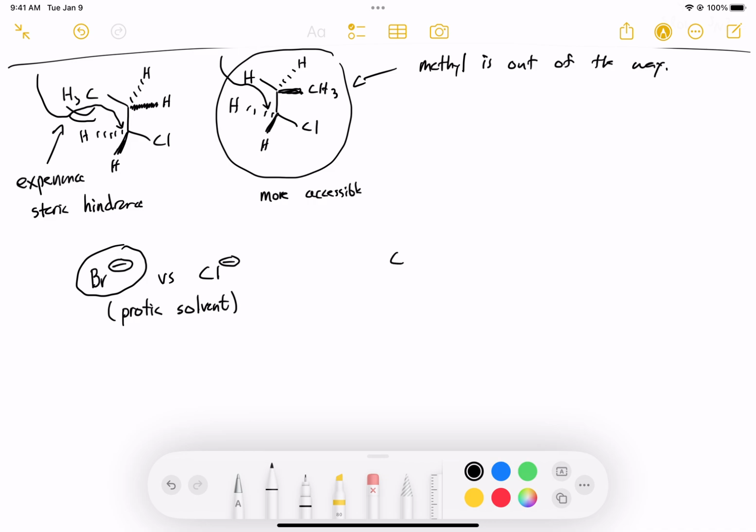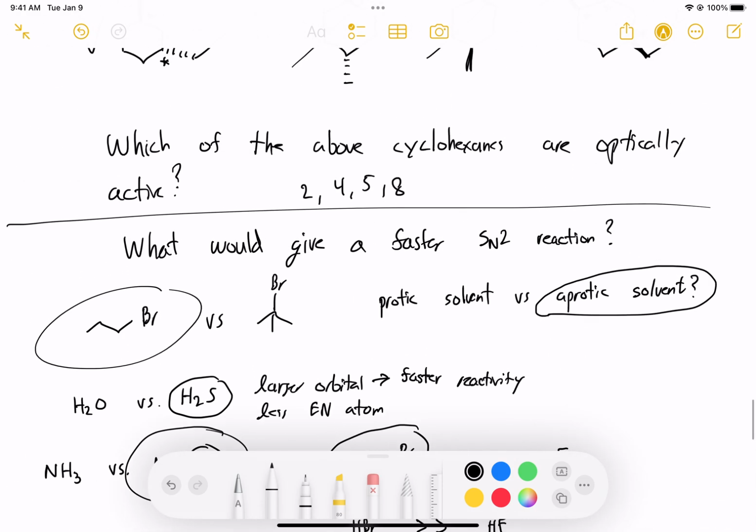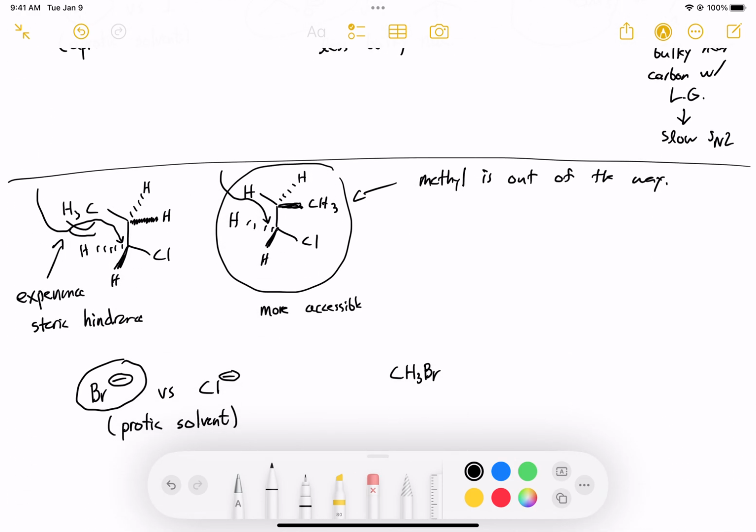And now lastly, let's try CH3Br. Did we do an example like this? Maybe. All right, CH3Br versus, so these don't look much different, right? It's CH3, then CH2Br. But remember, like I just showed before, when there's a methyl group one carbon away from the leaving group, you experience some steric hindrance, so you need to rotate to an alternate conformation, and when you do methyl bromide, you don't see that happening.